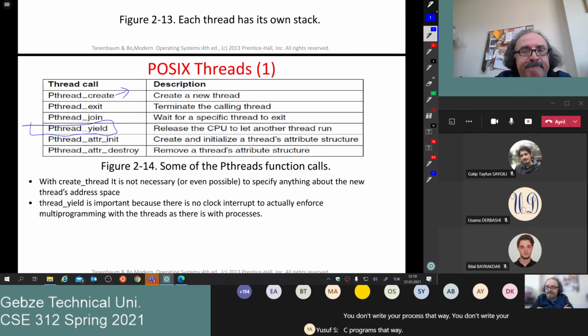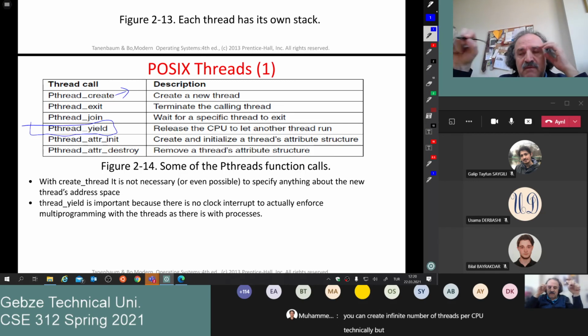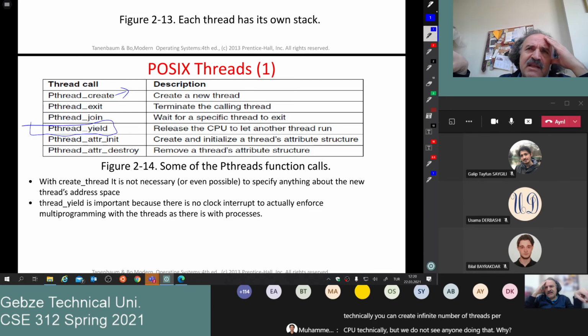Mohammed, you have a question? Yes, I have a question. From what I understand, technically you can create an infinite number of threads per CPU, technically. But we do not see anyone doing that. Why? Well, technically you can allocate infinitely large memory spaces, but you don't do that, right?